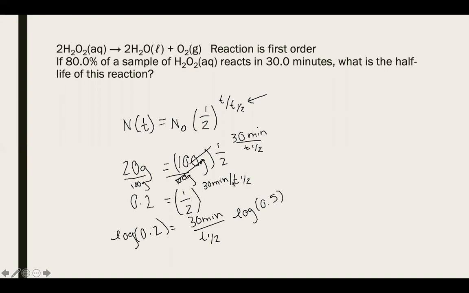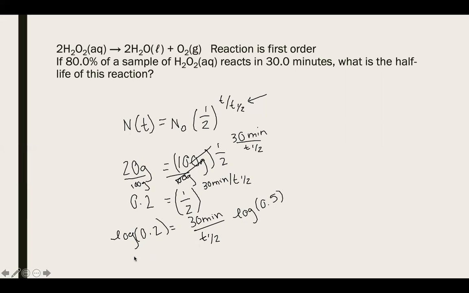Because when you take the log, the things in the exponent come out in front, and then you can take the log of the base. Now this is a bit easier to solve. So now you have log 0.2 equals 30 minutes over t1/2, and remember your t1/2 is what you're trying to solve for, times log 0.5.